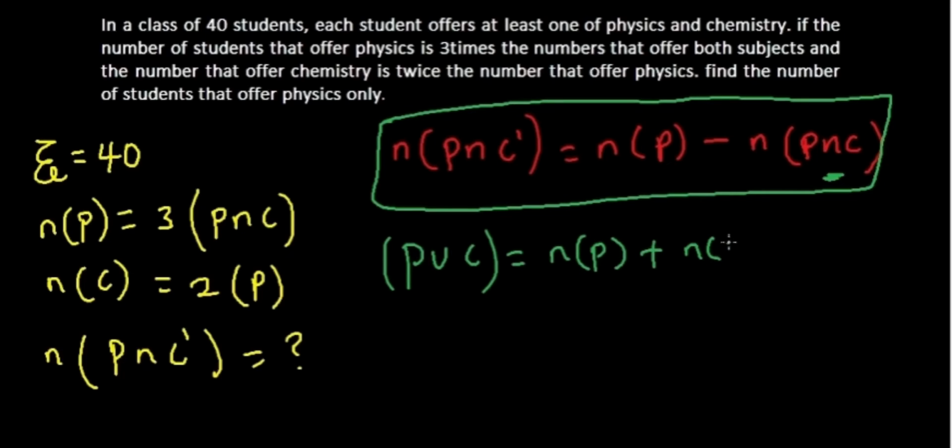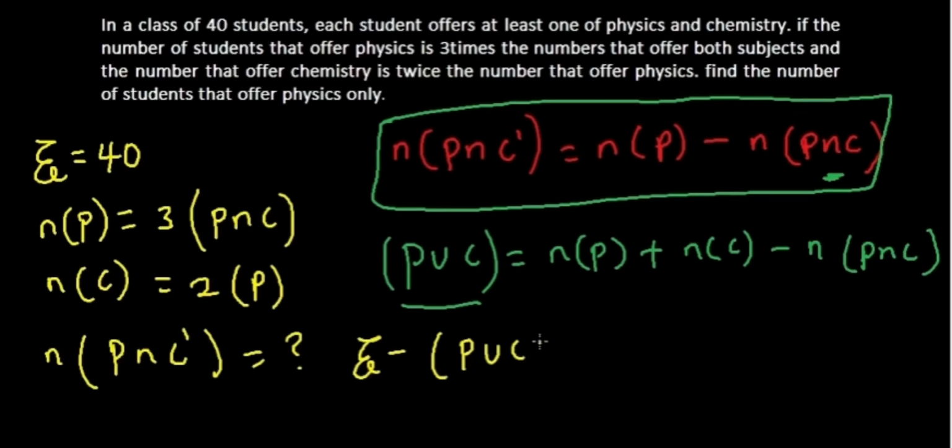This particular formula, minus P intersection C. For this formula, we can as well write it as the universal set minus the empty set, is equal to n(P) plus n(C) minus P intersection C.